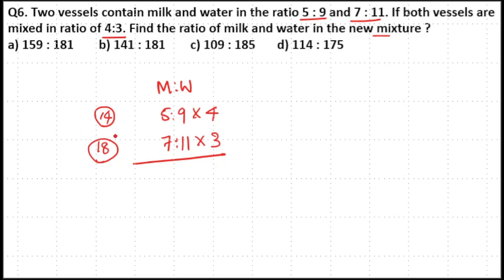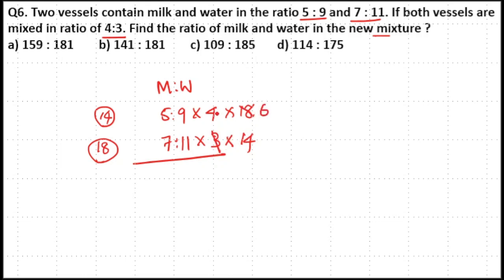Now you have 4 and 3 here. So I will directly write 18 and 14 here. That is multiply 14 above parts with below ratio. That is 14 with second ratio. And multiply 18 with first ratio. Now you can directly cancel here. 3, 6 are 18.